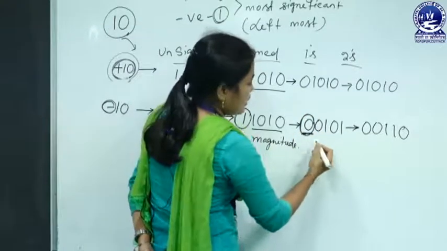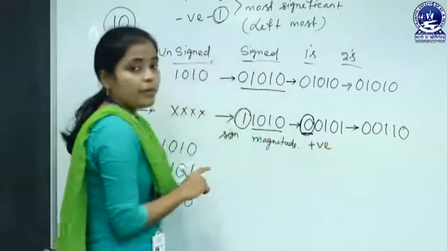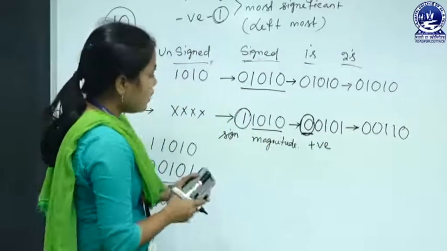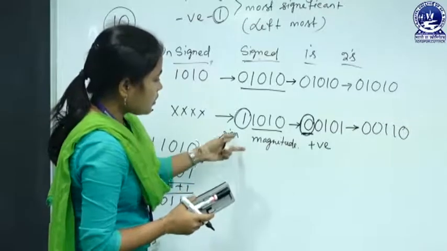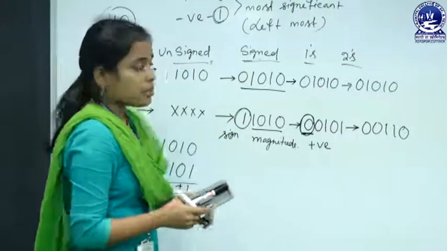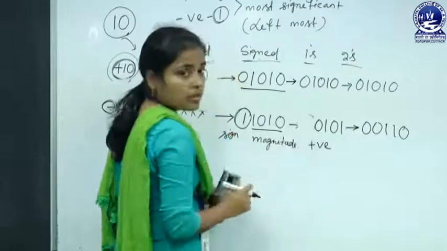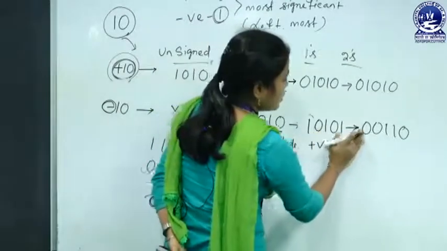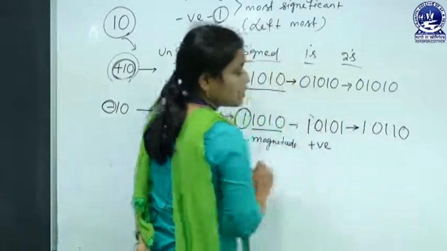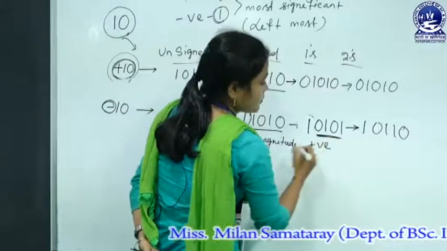So what a user will view, they will conclude that it may be a positive number. So when we are representing a sign magnitude into its 1's complement, better not to complement this sign bit, okay, it stays 1, and this will be 1. Okay. So what will be the value for this?